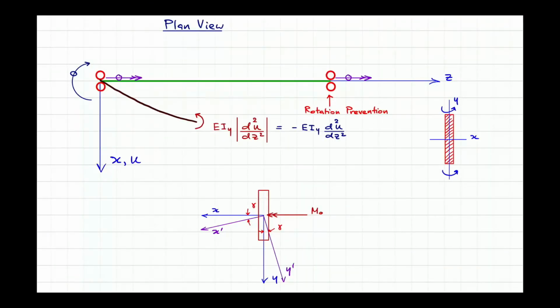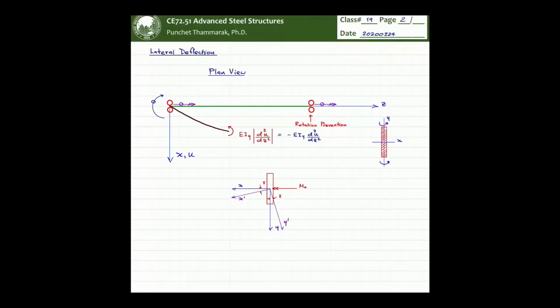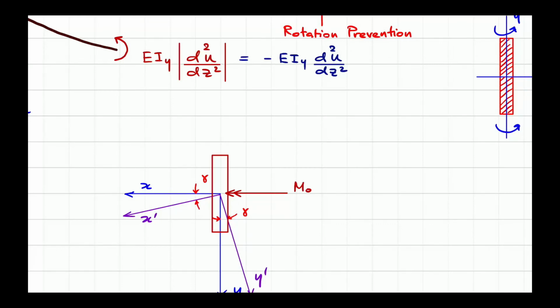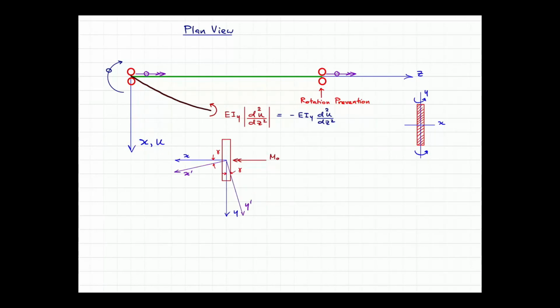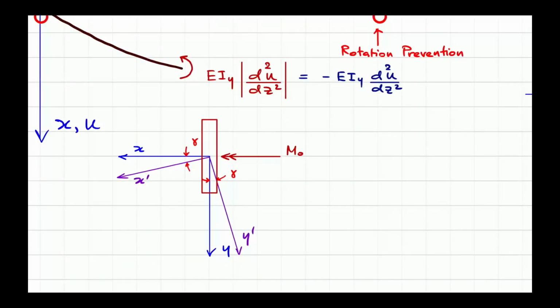This ugly eye is going out, and I just need to take a little bit off. So we're going to take the moment into the component of x prime, because we are going to cast the equilibrium equation in the deformed configuration, and this is the deformed axis.